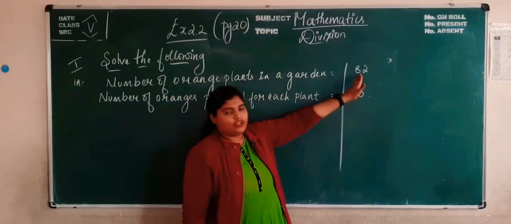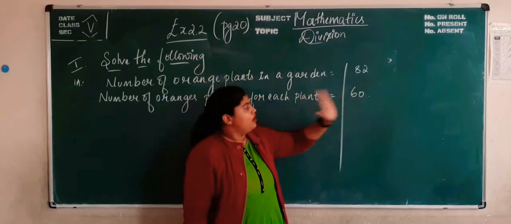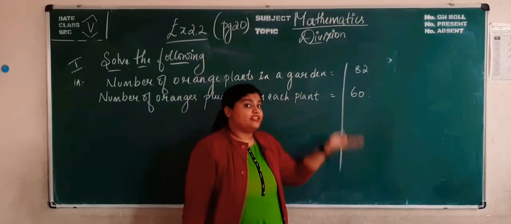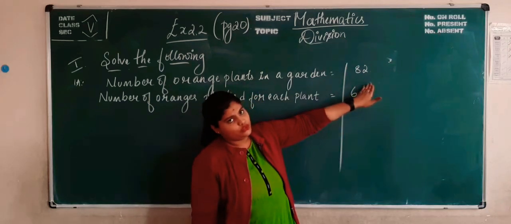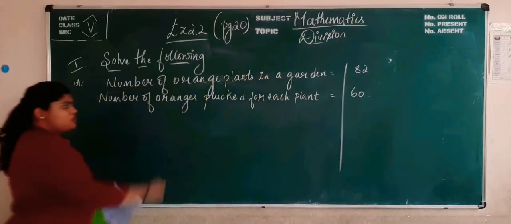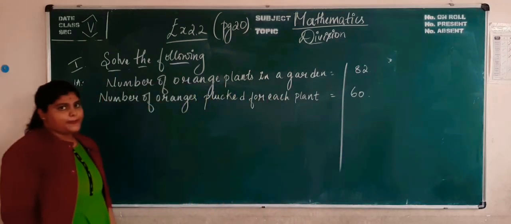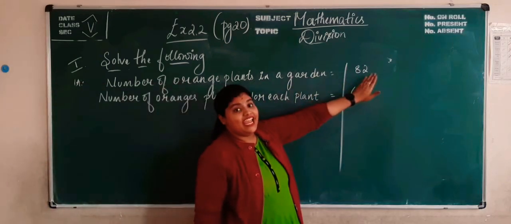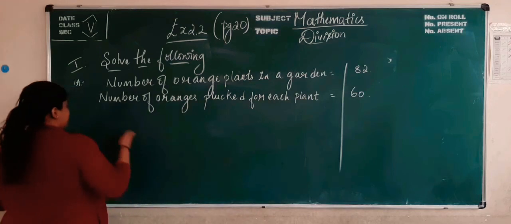So the number of orange plants is 82. From each plant he has plucked 60. So we will multiply 82 into 60. Is it clear? Yes. So what should be the next statement? Number of oranges plucked from 82 plants. Write down.